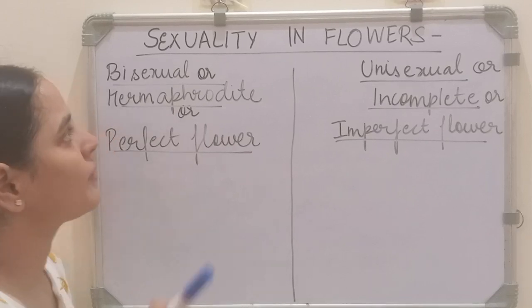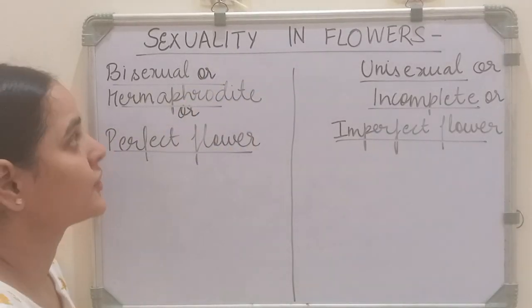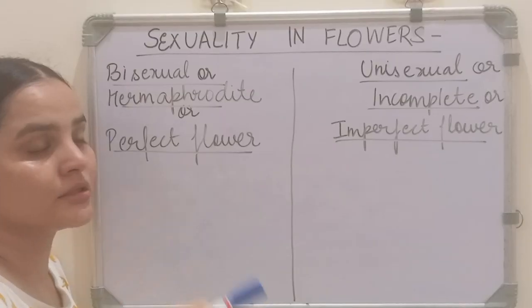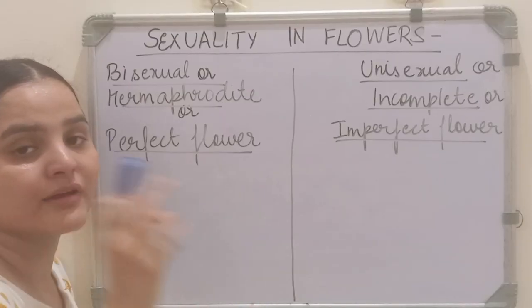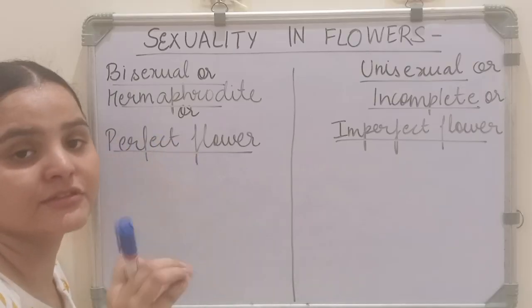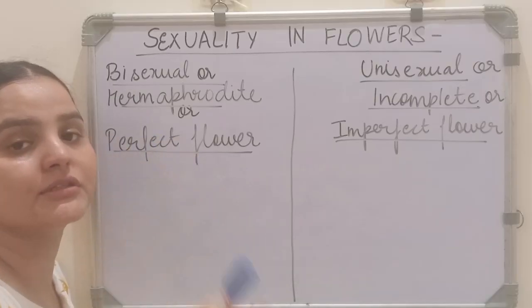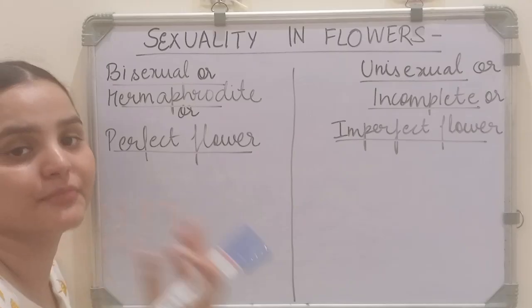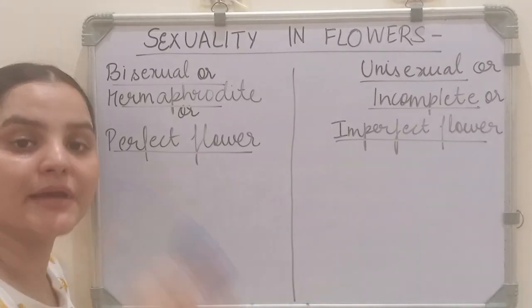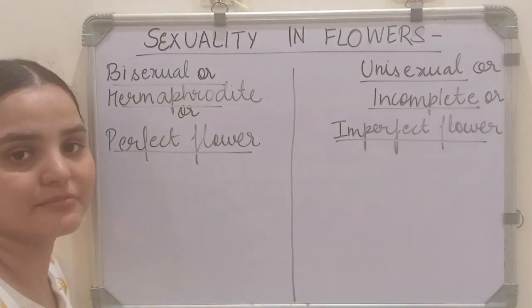Let's study the new topic, sexuality in flowers. So here in sexuality we are referring to whether a flower contains both stamens and carpel, means whether a flower is having both the male reproductive part as well as the female reproductive part, or a flower is having only the male reproductive part or only the female reproductive part.